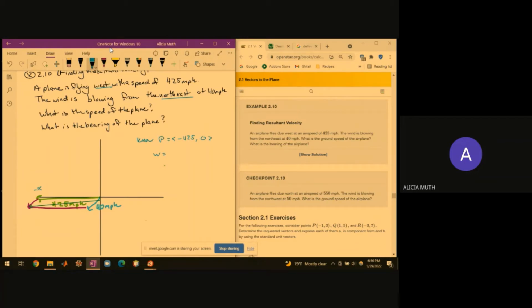So being careful here to make sure that we have the correct angle, we're going to use SOHCAHTOA once again. So this is our angle from the positive x-axis.